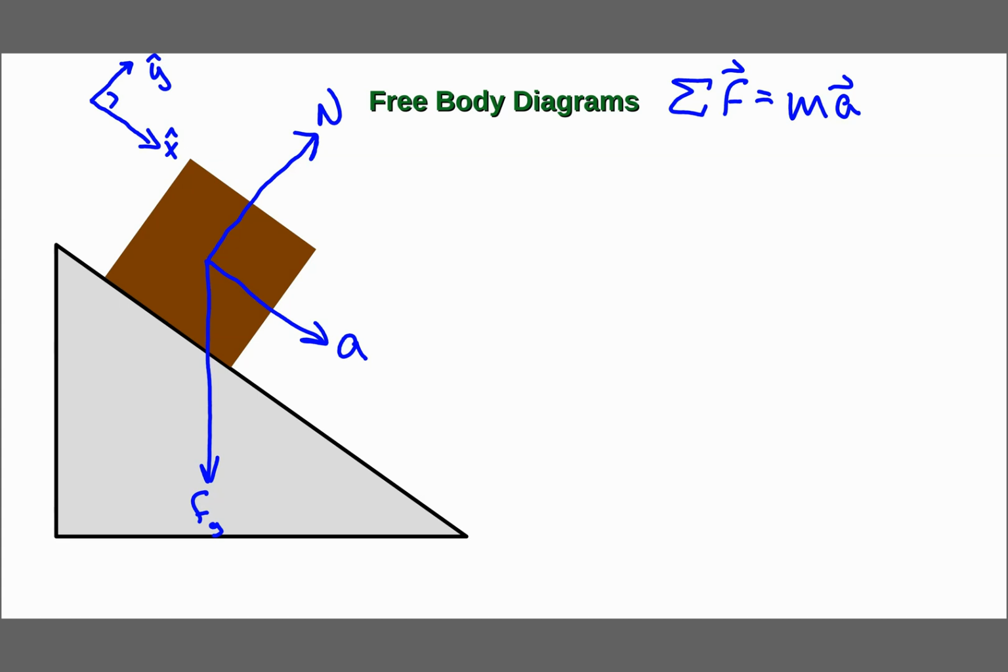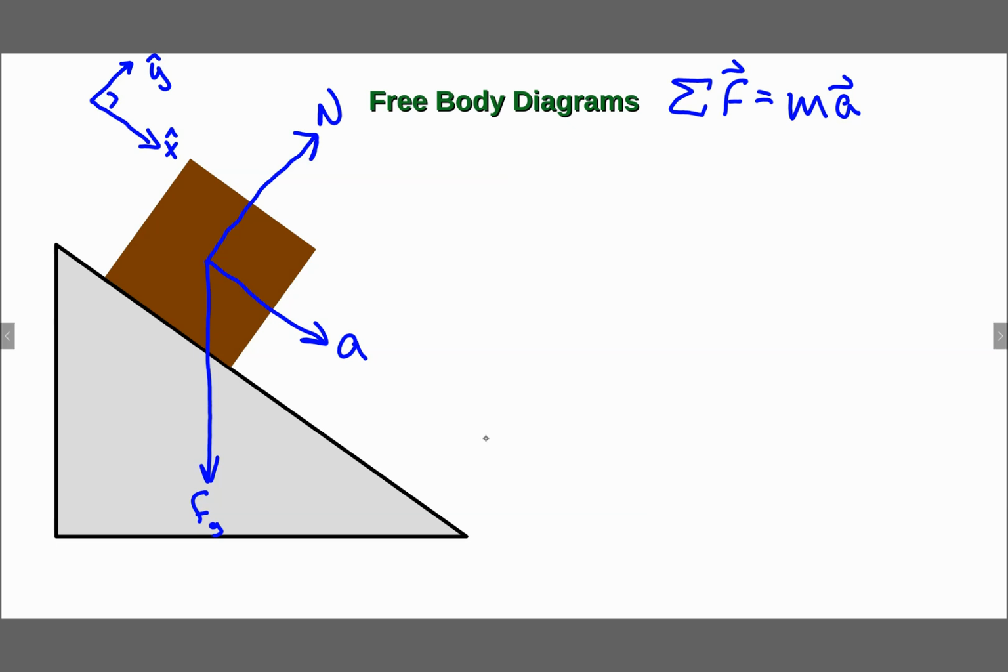And what I'm left with is I just have to break gravity into the x component and the y component of this new coordinate system. Gravity is still pointing straight down, but I've chosen coordinates that don't point directly in the vertical direction. So now I do have to break gravity down into its components, but in this problem, it's the only force that I have to break down into components.